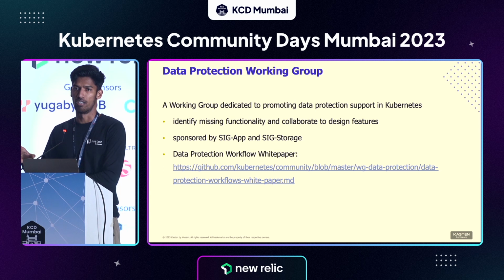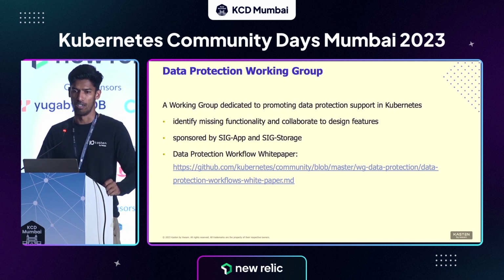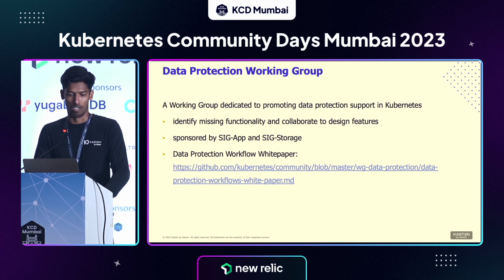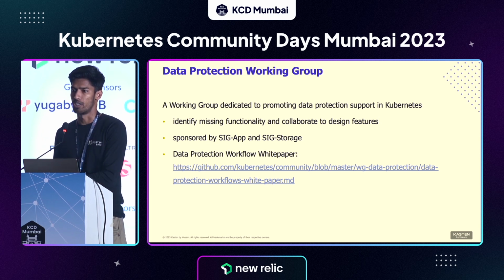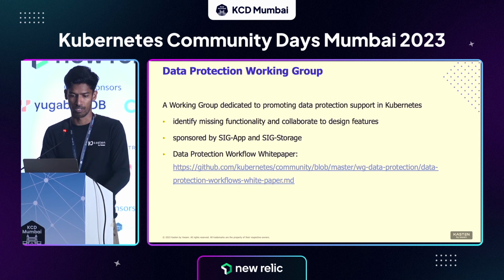These are again community groups where a bunch of people collaborate with each other and propose new features to Kubernetes. The data protection working group is another Kubernetes community group where folks from different SIGs, as well as folks from leading disaster recovery solutions, work together, find out what the missing components in Kubernetes are to promote data protection, and work towards designing and proposing new features.